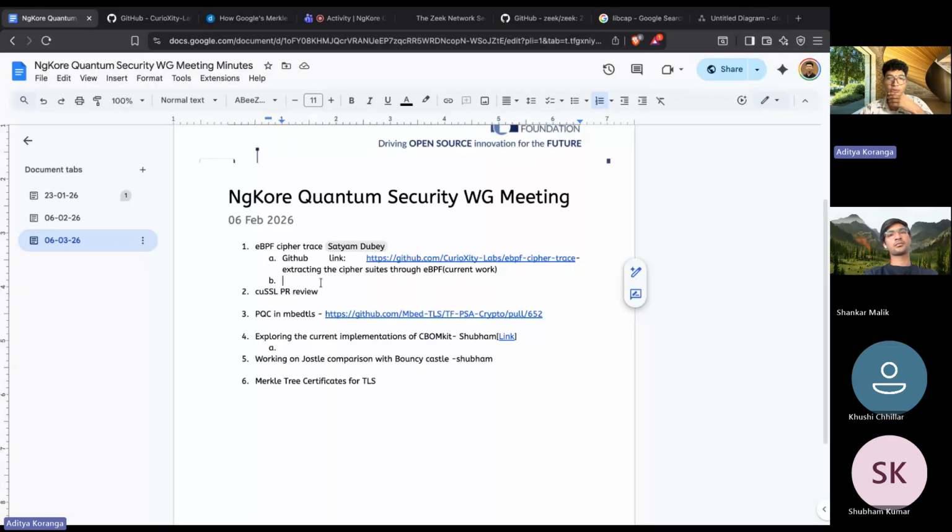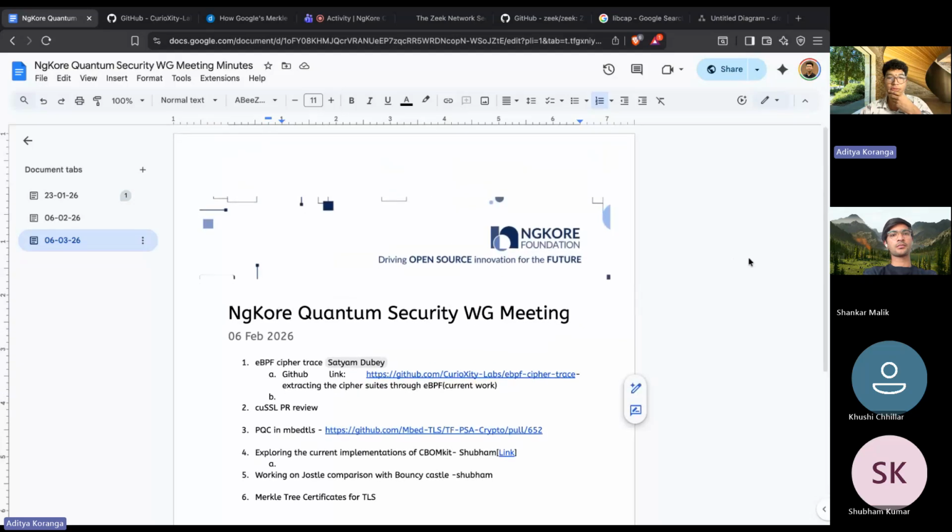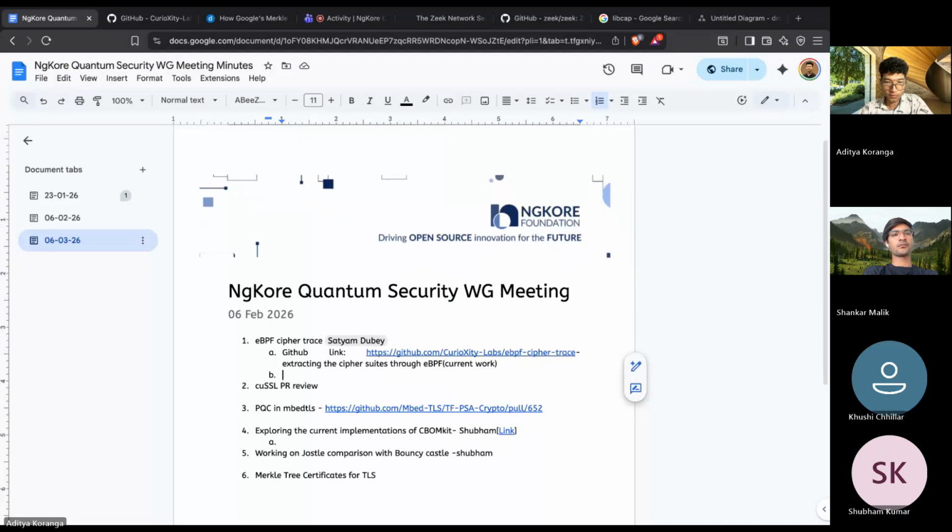Any questions so far with the Zeek versus eBPF cipher trace programming, or do you like the idea so far? Yeah, it's good.